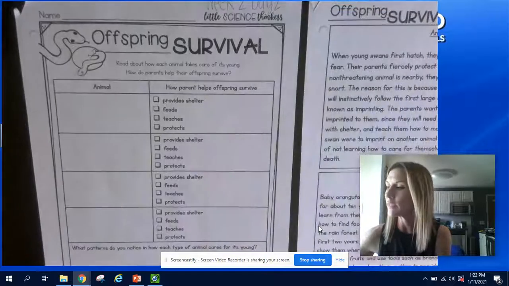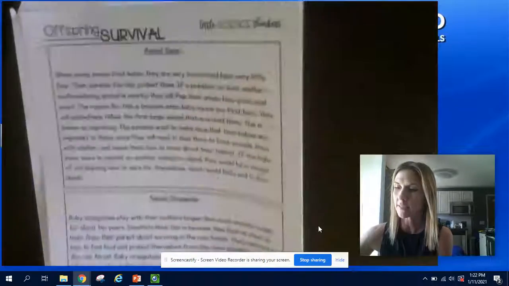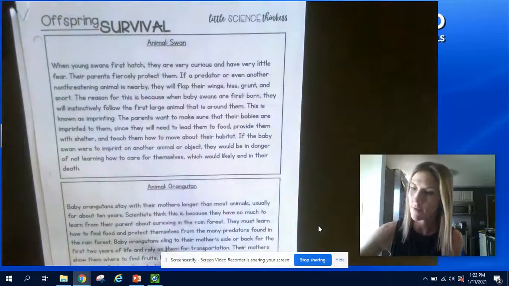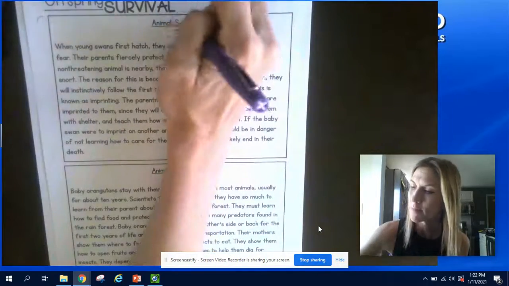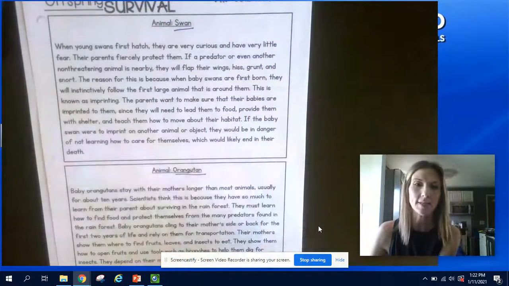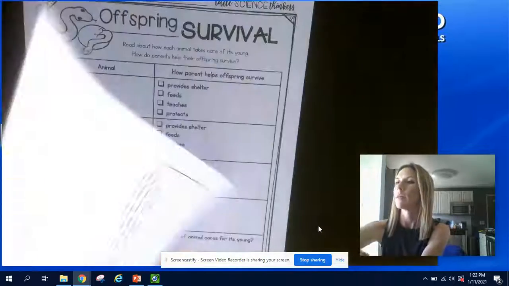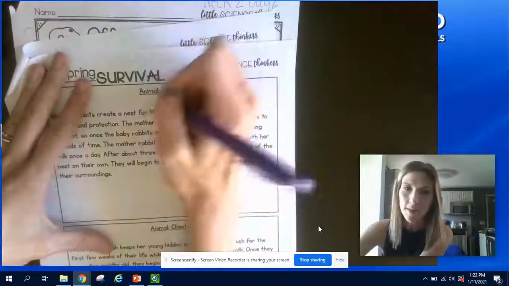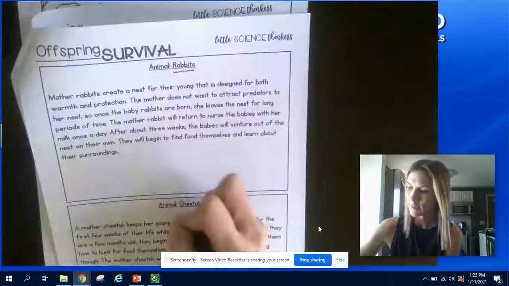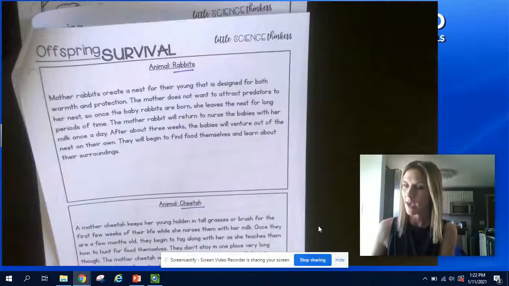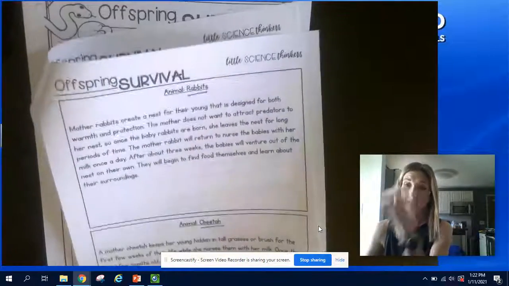So what you're going to do is each one of these little boxes is about a different animal. This box is about a swan. This one is about an orangutan. This one is about a rabbit. And this one is about a cheetah. Okay, so you've got 4 different animals.